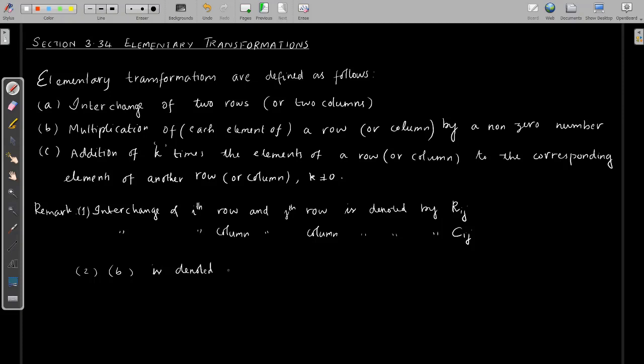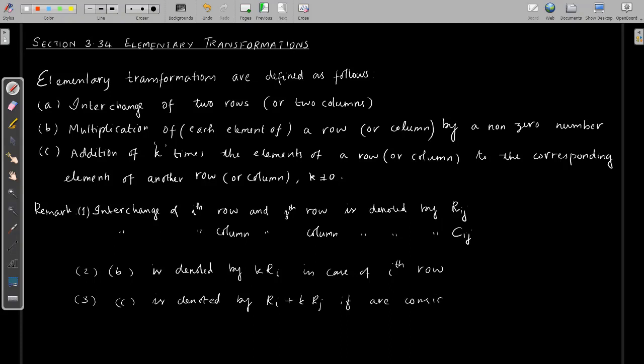The second elementary operation is denoted by k times Ri, if we multiply each element of the ith row of a matrix by a non-zero number k. And the third one is denoted by Ri plus k times Rj, if we add k times the row Rj to the row Ri.